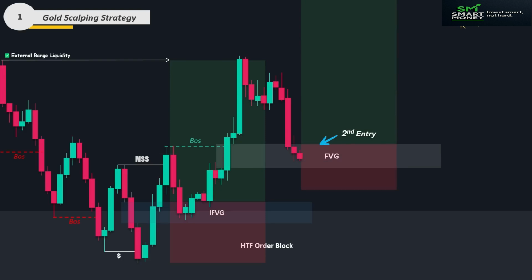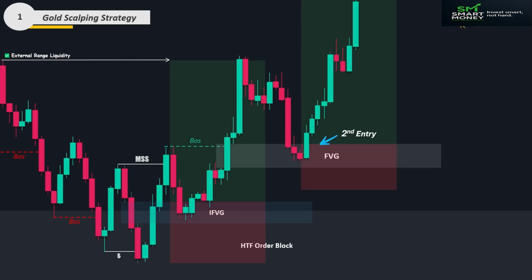In this case, the next unmitigated bullish fair value gap becomes our second entry point. We can place a buy limit order at the highest point of that fair value gap, with the stop loss placed a few pips below the most recent swing low. Of course, the exact opposite logic applies in a bearish scenario.